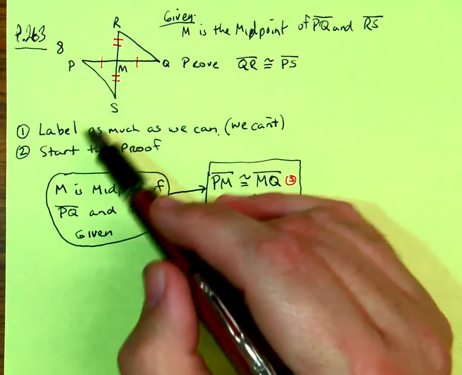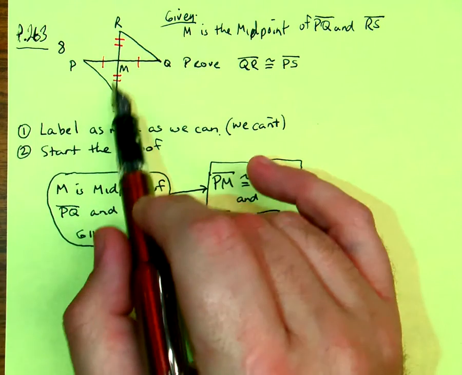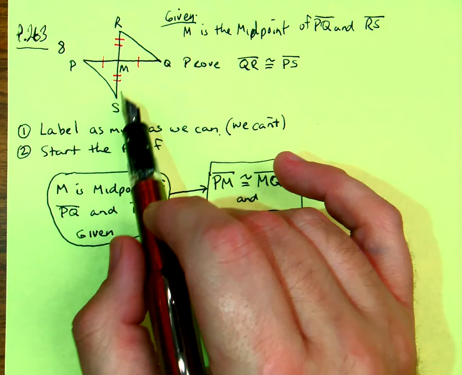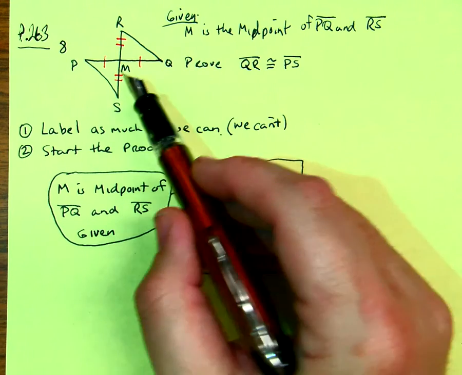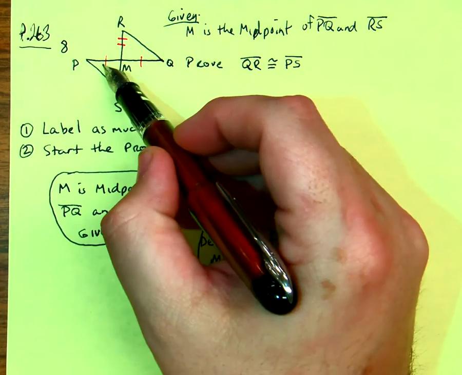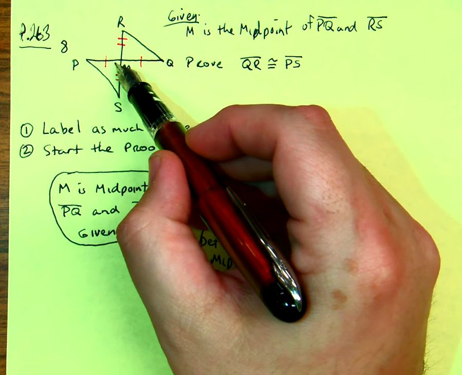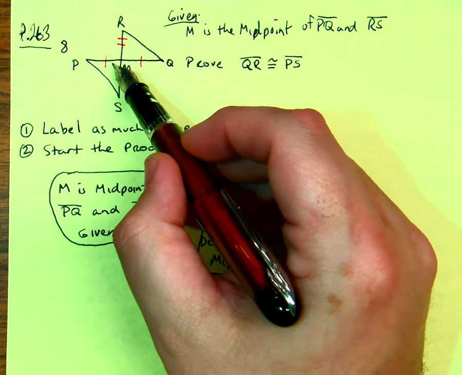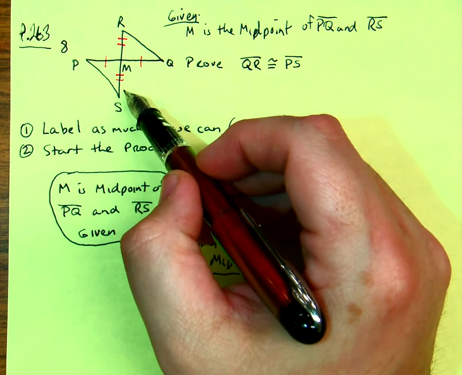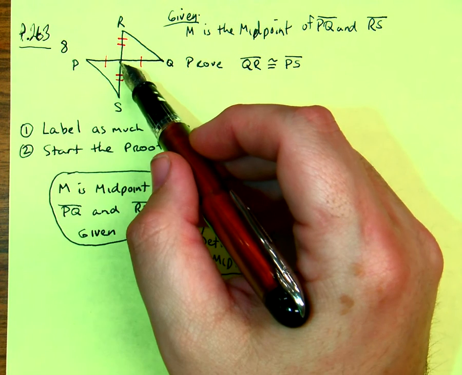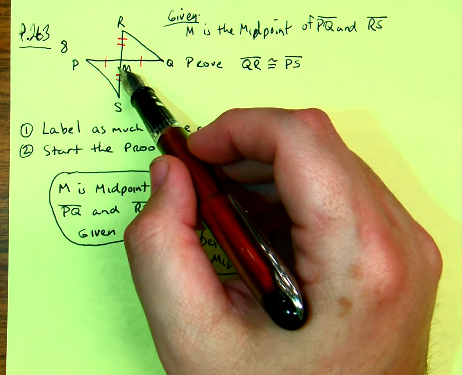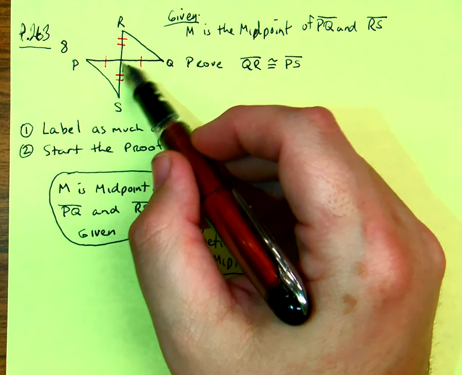Now, what happens, remember I called this type of a picture a bow tie picture. And if we do side, angle, side, there's the side. I have to figure out something about this angle right here. Angle PMS. And then angle QMR. So, what kind of angles are these?